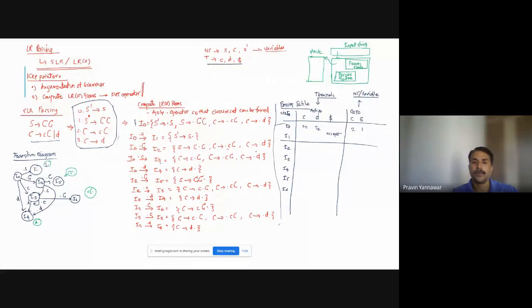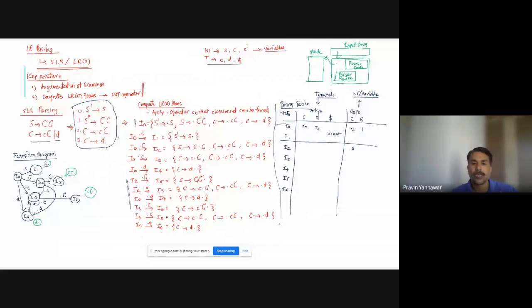Now look at I2. In this set, we have only three representations. I2 with dot C, that is capital C, we will be moving to state number 5.